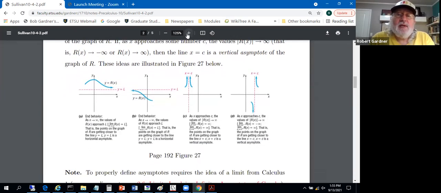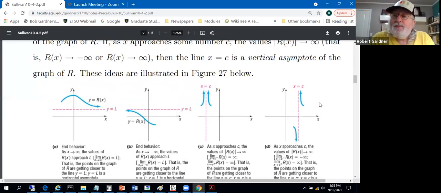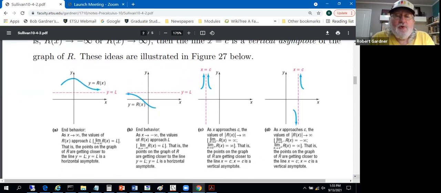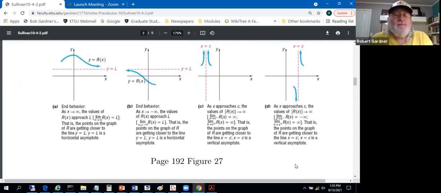For us, let's just make these pictures bigger. In figure 27, parts A and B, they're dealing with this horizontal asymptote idea. So here's the line y equals L, and the idea is that when we put in big x values, the graph of the function r of x is going to be close to the line y equals L.